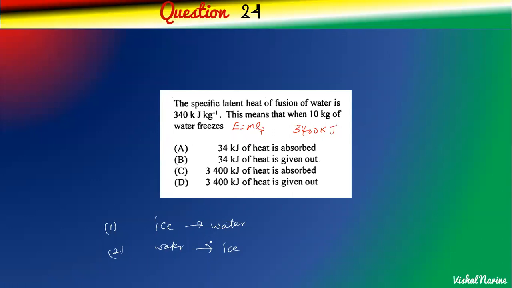So ice to water, do we need to add heat or do we need to take away heat? Is heat energy absorbed or is it given out? For ice to water, you have a piece of ice and it is changing to water. Is the ice gaining heat energy or is it losing it? So I'm seeing one person saying it is absorbed. All right, so the opposite is going to happen for here.